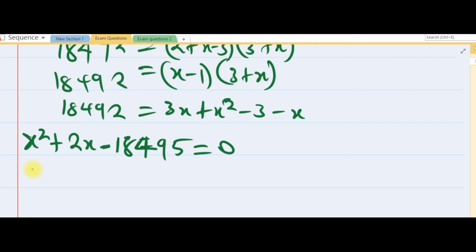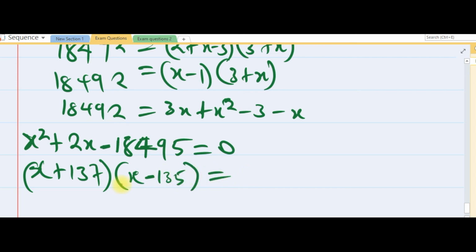If you factor it, this should be x plus 137 times x minus 135, because 137 times 135 is 18,495, equal to 0.